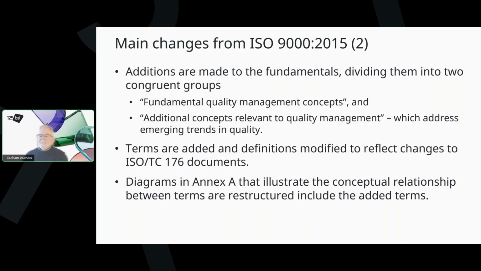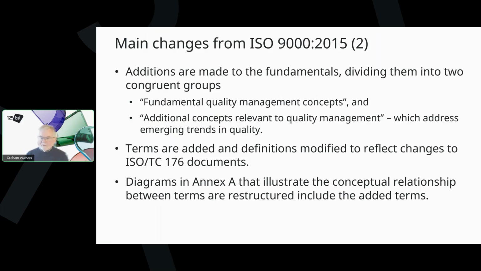Next set of changes, as I said already, additions have been made to the fundamentals and they've been divided into 2 congruent groups. So fundamental quality management concepts and additional concepts relevant to quality management. Terms and definitions have been added to reflect changes in 20 ISO TC 176 documents, because there hasn't been a revision to 9000 since 2015, and in the interim period other terms have appeared in other TC 176 standards.